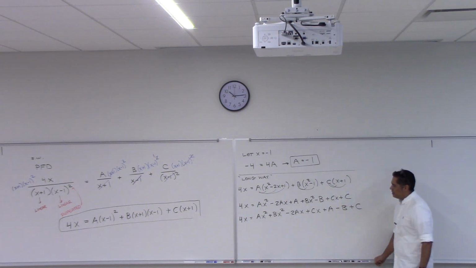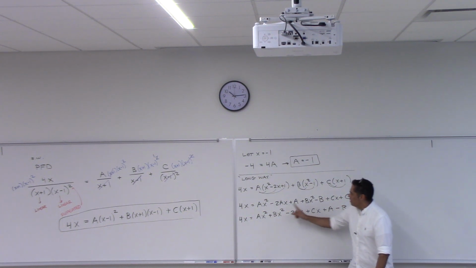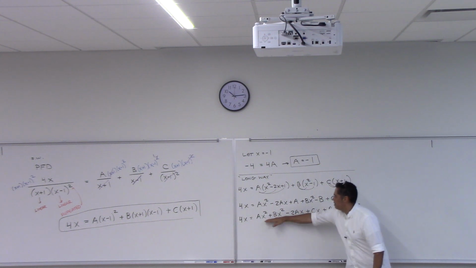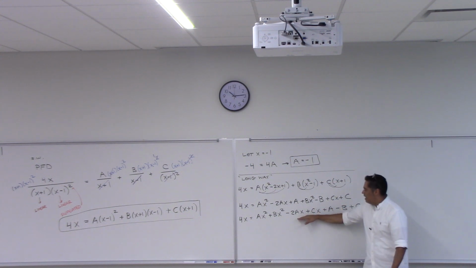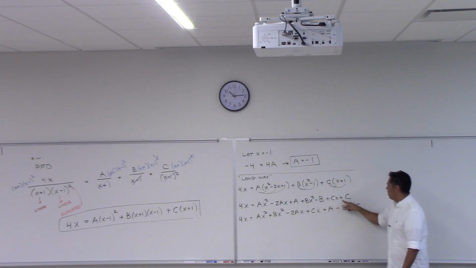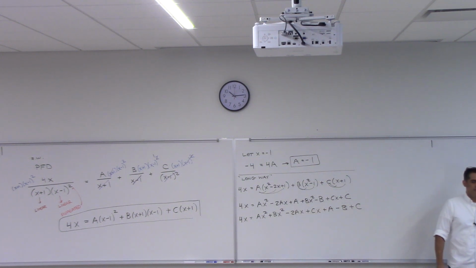Let's see, did I get everything there? I had 2 x squared terms, so I put those together, just side by side. I had a minus 2ax and a plus cx. I put those next to each other. And then anything that didn't have x, a minus b plus c, I put those there. That all right?